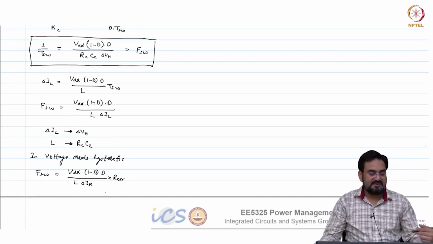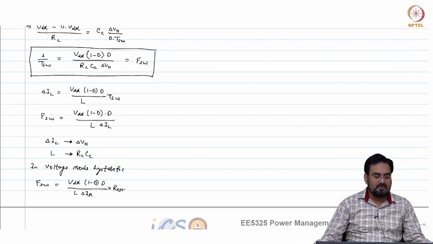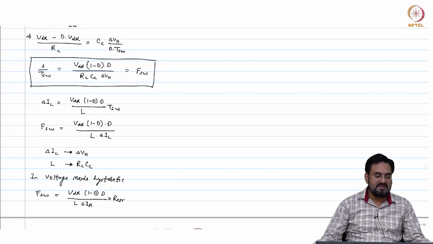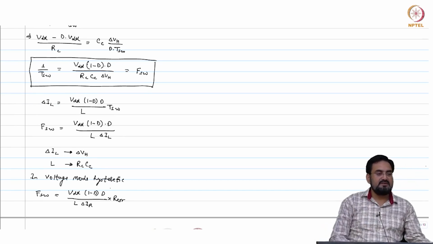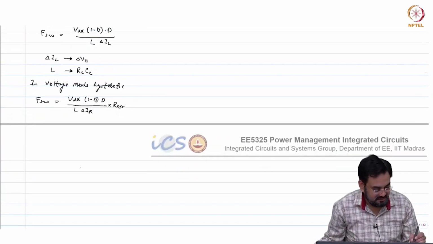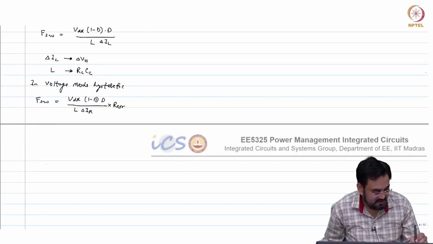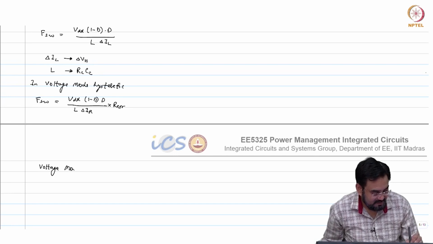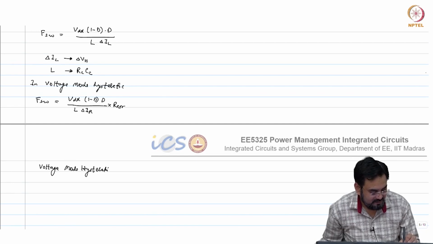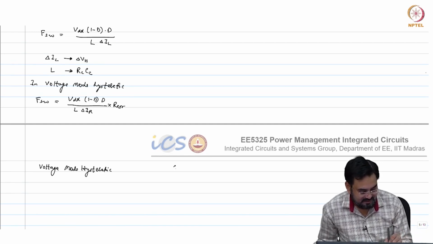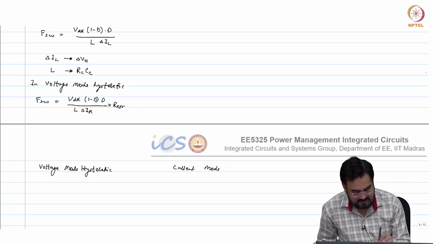So, that is the only difference between the two. So, what is the advantage of current mode here? What do you see? If I want to talk about voltage mode hysteretic and current mode.